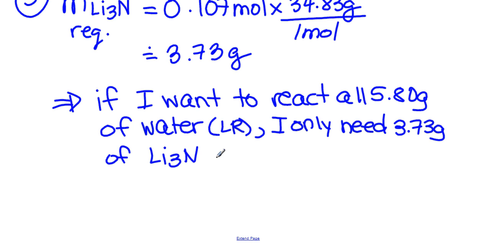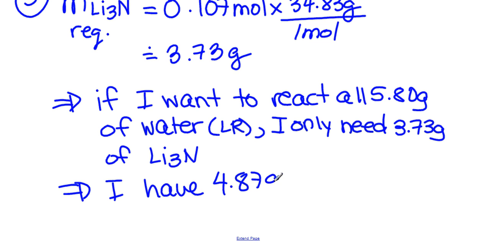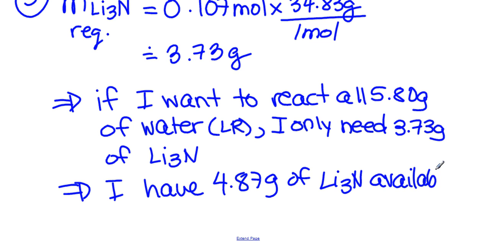How much lithium nitride do I have? Well, I have 4.87 grams of lithium nitride available. That's how much was given to us for the reaction. So I have a bigger number, I use up a smaller amount.